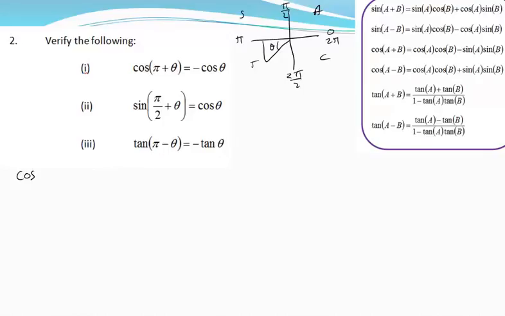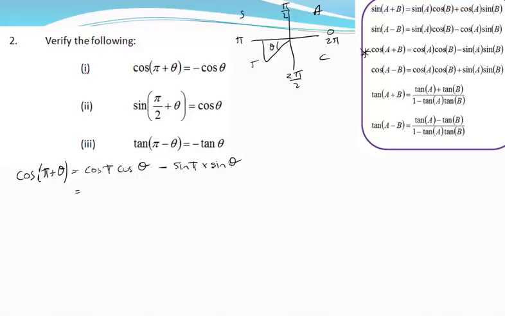So we have cosine of pi plus theta here, and we're going to be using this one here: cosine of pi multiplied by cosine of theta minus sine of pi multiplied by sine of theta. And if we think about our actual cosine curve, at 0 we're at 1, at pi on 2 we're at 0, at pi we're at negative 1.